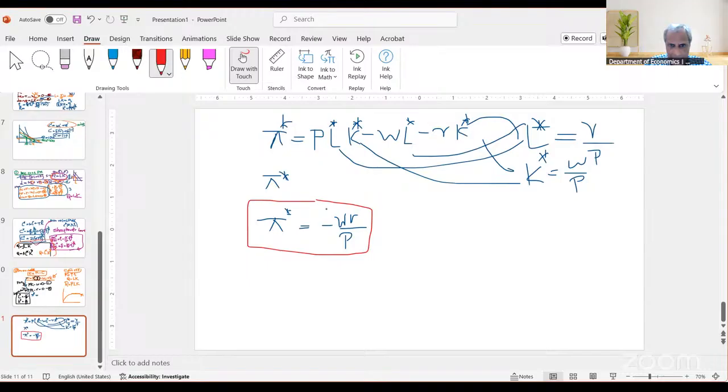Now, this one we can differentiate with respect to a parameter.